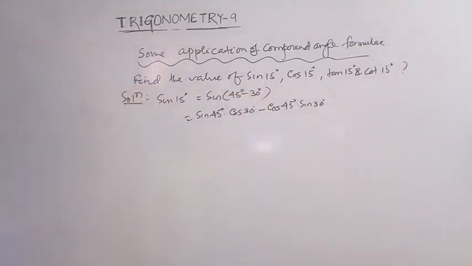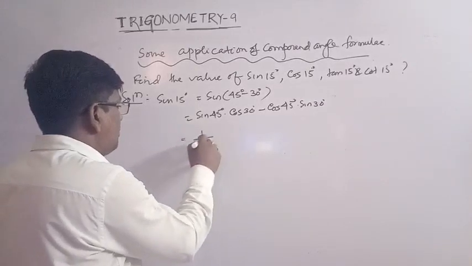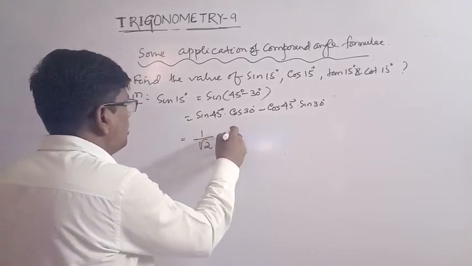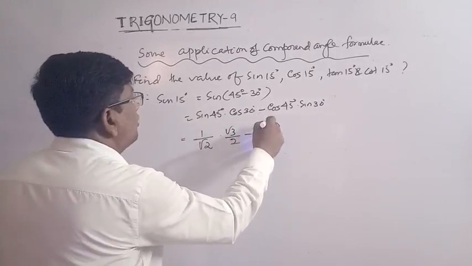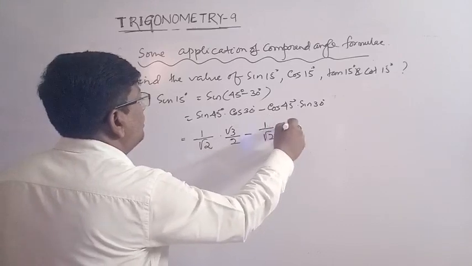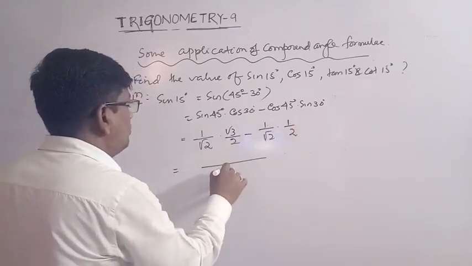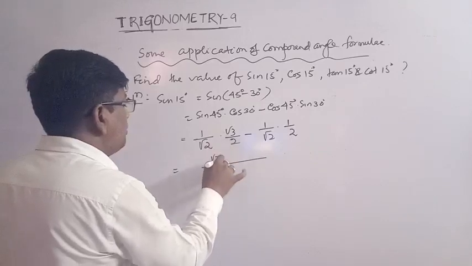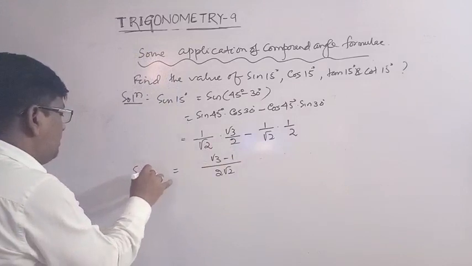Okay. Now what is the value of sin 45 degree? That is 1 by root 2, cos 30 is root 3 by 2, cos 45 degree is 1 by root 2, sin 30 is 1 by 2. So the LCM is 2 root 2, and this is root 3 minus 1. This is the value of sin 15 degree.